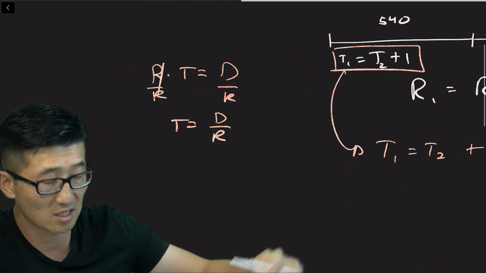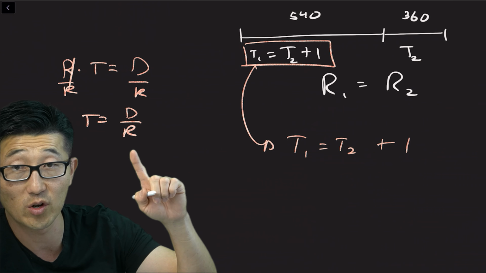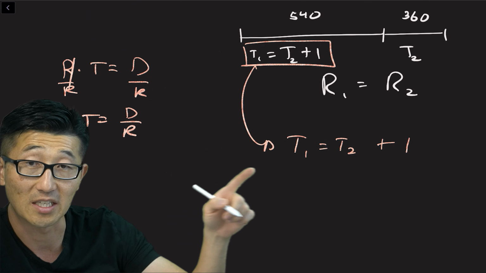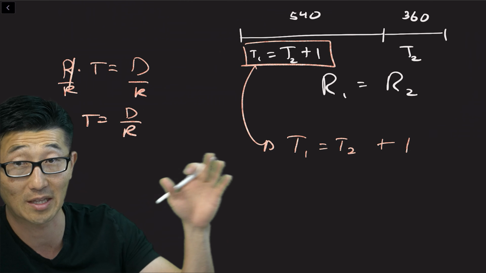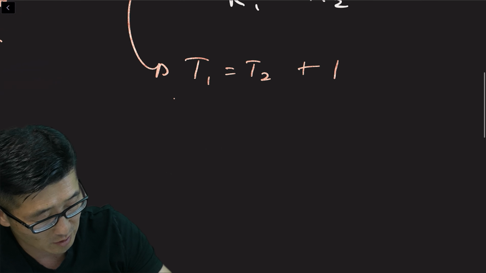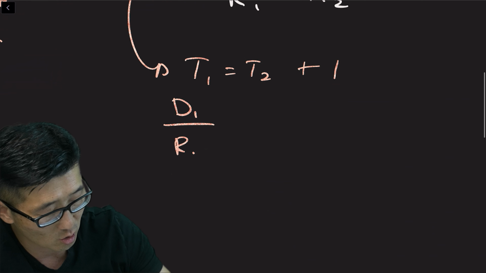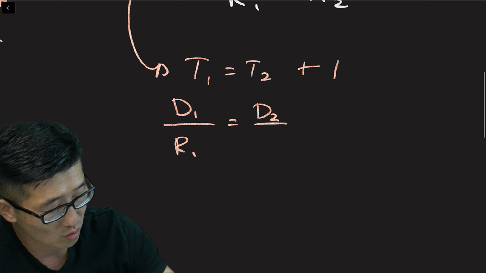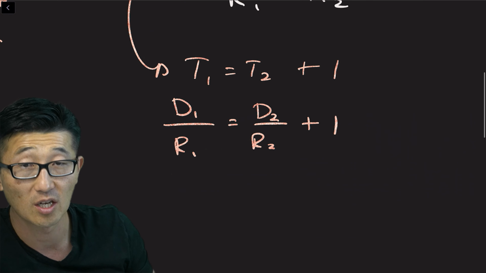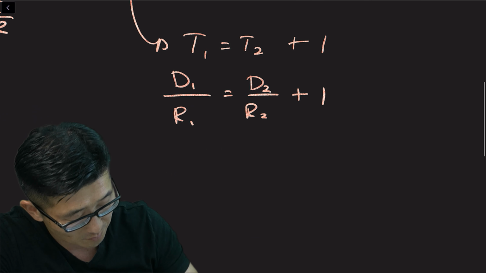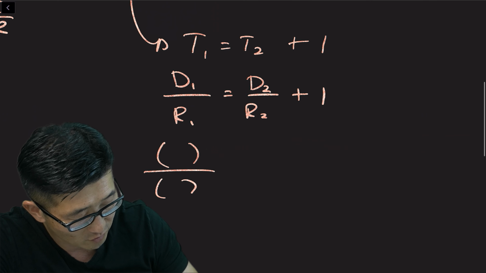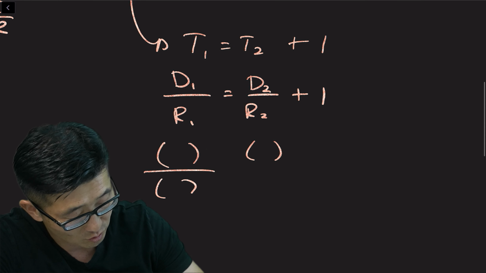So I'm going to take each of those t and rewrite it as d over r with a subscript to represent that particular time. So this will be d1 over r1. This will be d2 over r2 plus 1. So I'm going to go like this. Empty parenthesis for each of those. Oops, there should be an equal sign.